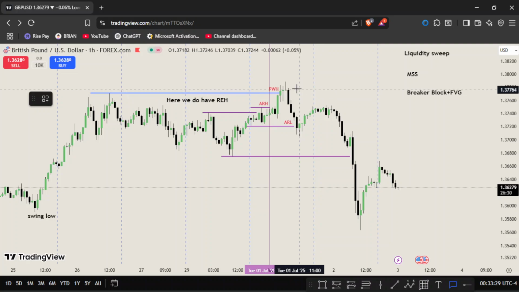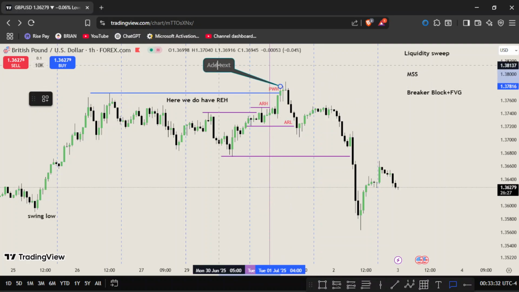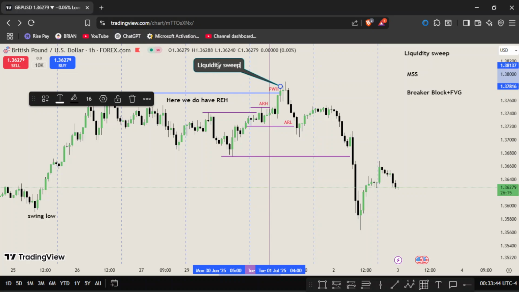During this previous week high, we get a liquidity sweep from a higher time frame key level.